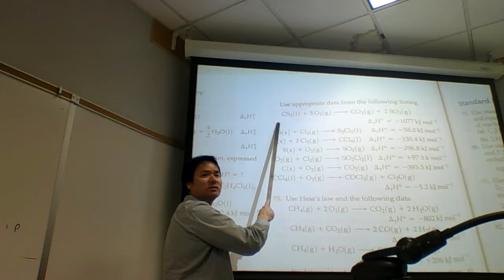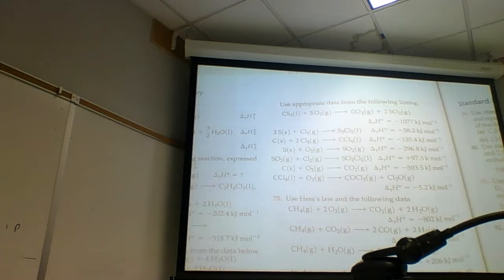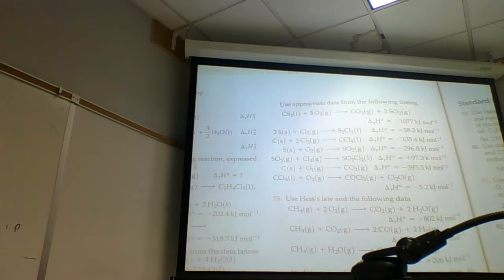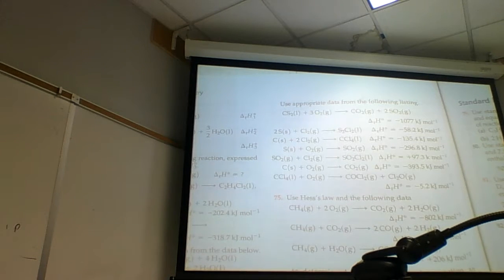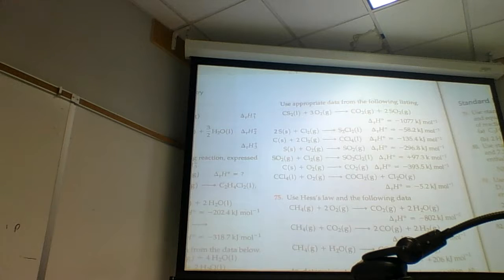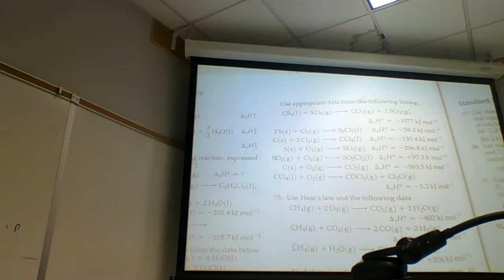All I care about is the CS2, so that's perfect. So I'm not going to draw an enthalpy diagram, I'm just going to write out the reaction: CS2 plus 3 O2 yield CO2 plus 2 SO2. And this is delta H1. This is reaction 1, and I'm going to use reaction 1 as is. And so this is perfect.